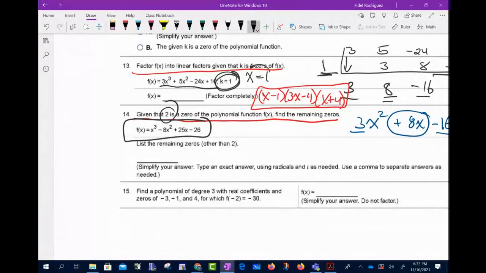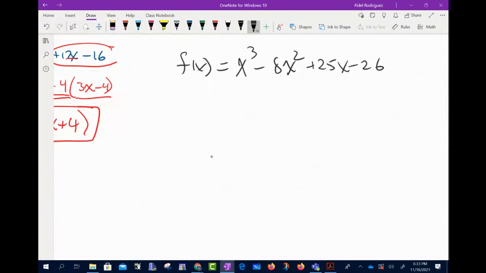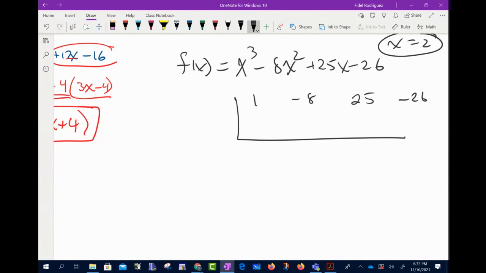They're telling us that 2 is a 0 of the polynomial function, okay? So look, I'm going to do this problem now the same way we did the other one. First thing I'm going to do, write down this part, 1, negative 8, 25, negative 26. They told us that one of the zeros was 2. That means that x is equal to 2, okay? So again, when it's already in that form, x is equal to 2, I don't need to worry about changing my sign. I'm just going to put that right there.